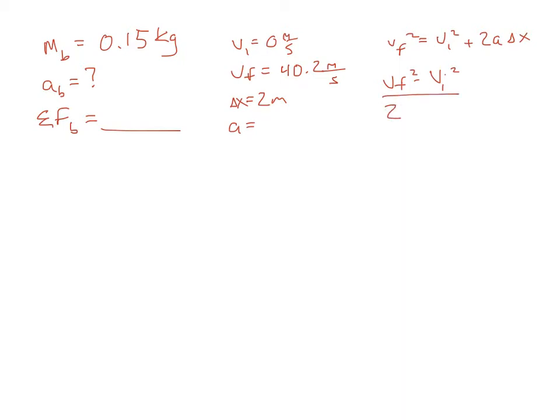So divided by 2 times the displacement, and that'll give us our acceleration, which is going to be what? 40.2 meters per second, we can say, squared, that's our final velocity, minus, well, that's easy, 0 squared, divided by 2 times our displacement, 2 meters, right there. And that gives us, what those guys give us?